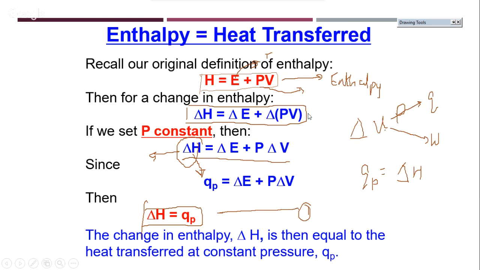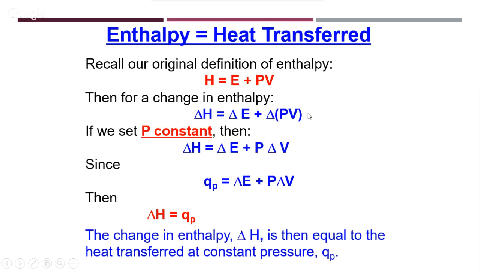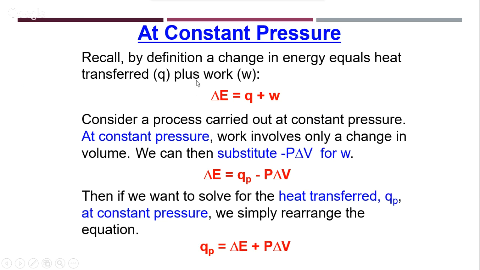Okay. Now just to understand some more of these, whenever you have a constant pressure, again recalling the definition that delta E, which is delta U, is Q plus W, as I was mentioning a few minutes ago, you'll find that we can also write delta U as QP minus P delta V, because now the pressure is constant, so work can be written as minus P delta V, and internal energy can be related with QP and work.